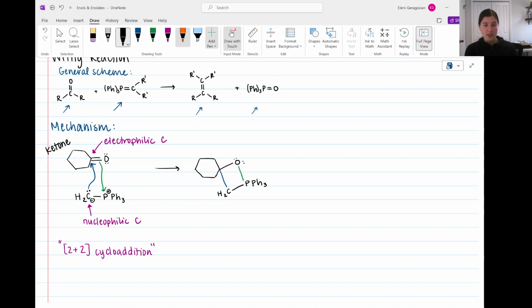Oxygen has 2 bonds, carbon has a total of 4, phosphorus has a total of 5, and that's a neutral bonding pattern for phosphorus. So we formed our 4-membered ring intermediate. This is characteristic of Wittig reactions. You do the 2+2 cycloaddition and have a 4-membered ring.